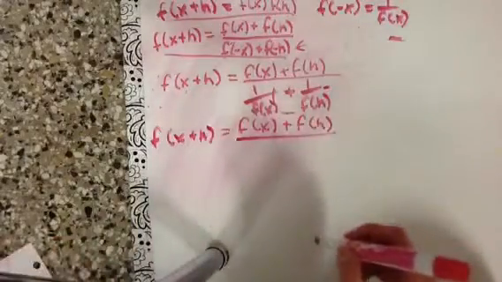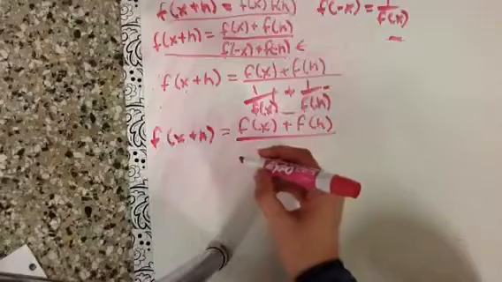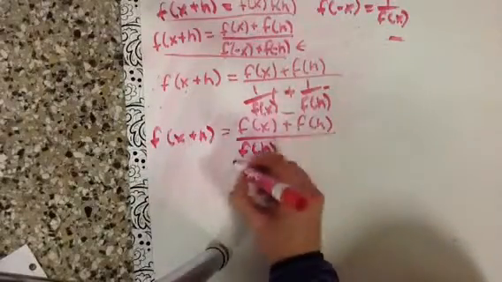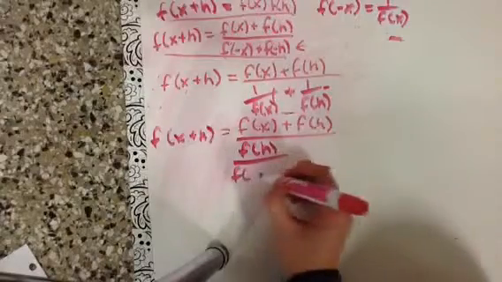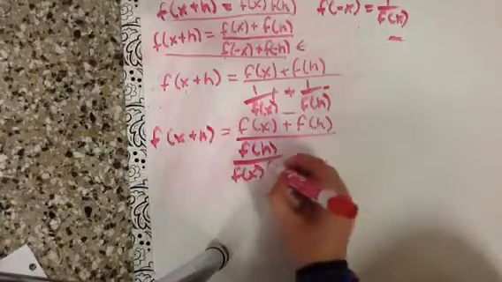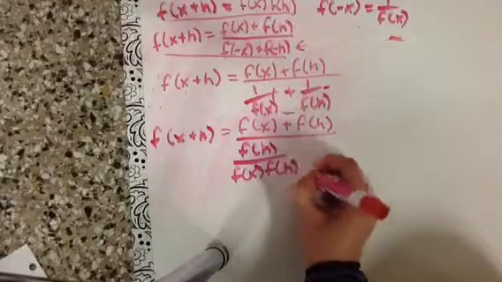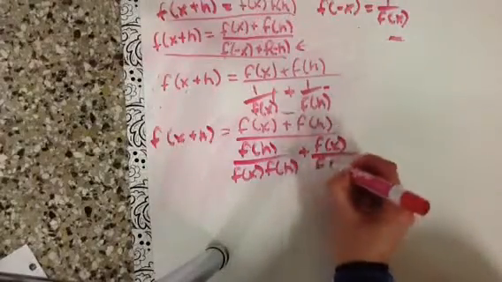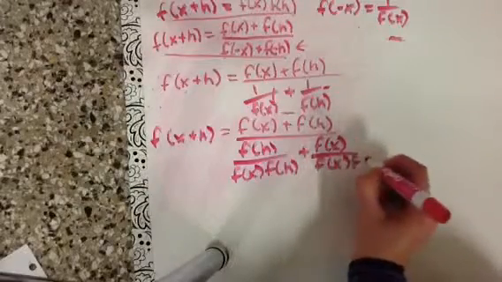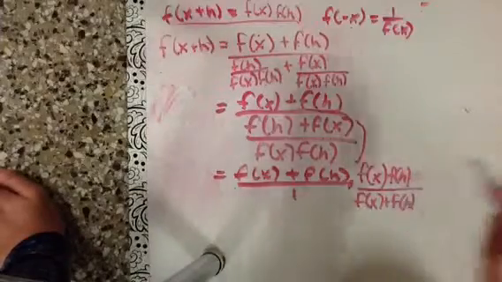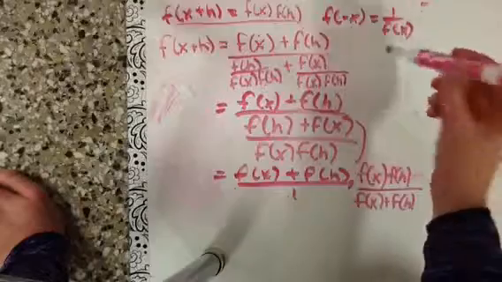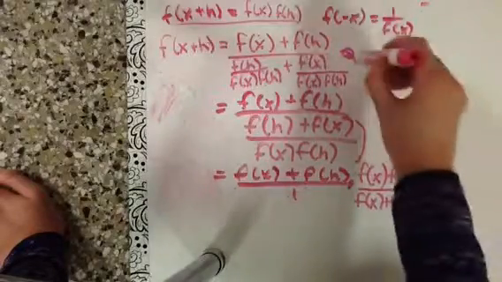We have then that f of h over f of x, f of h, plus f of x over f of x, f of h. I kind of worked ahead because I messed up and I had to rewrite it. But anyway, here we have what I left last time.